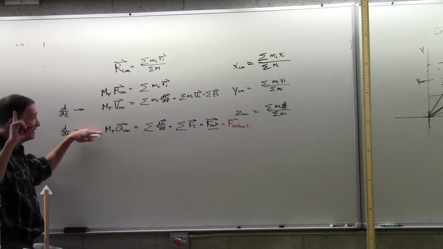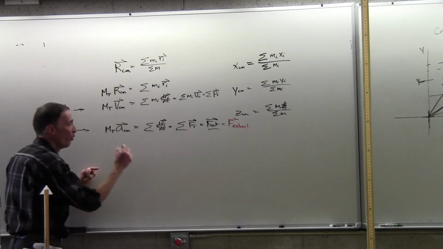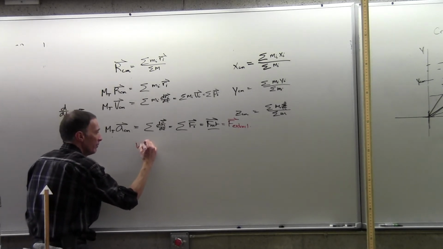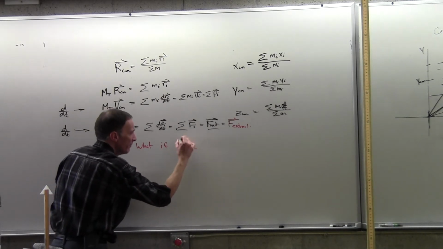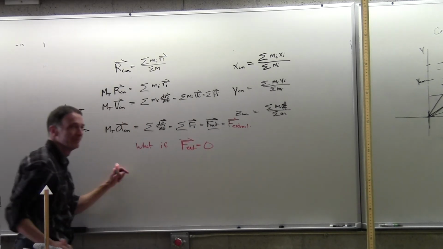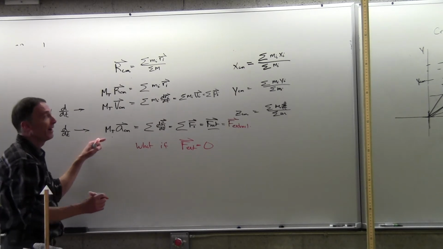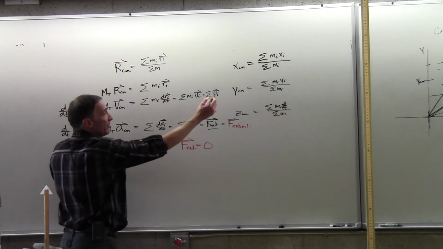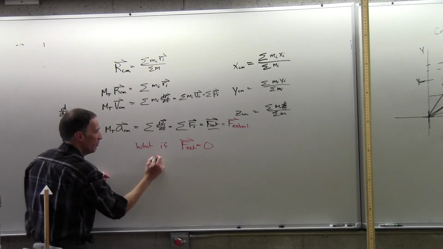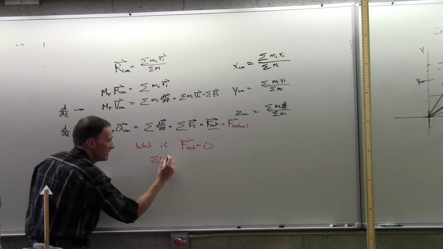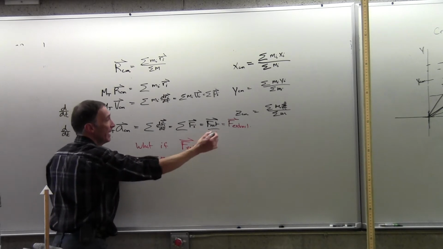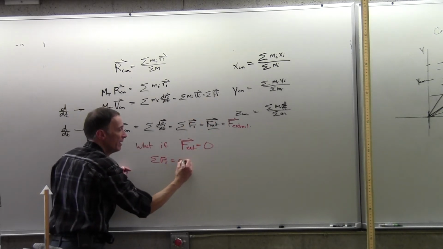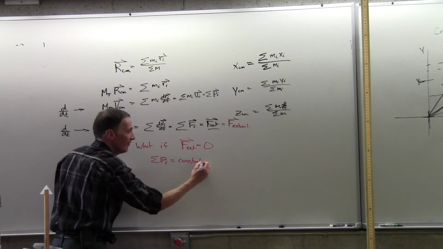Okay, now let's step back one step. What if the external forces are equal to 0? If they're 0, what can I say about this? The sum of the momentums in my system, P, has to be not 0, but a constant.